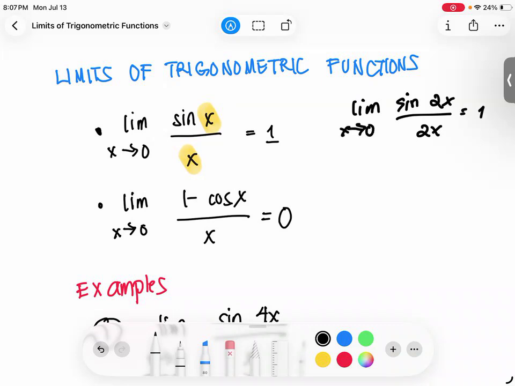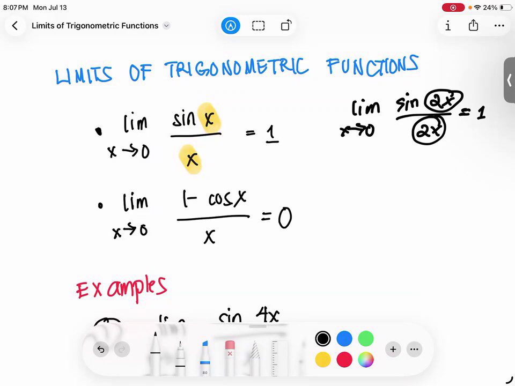As we can see, if we're going to plug in 0 to 2x, it becomes 0. So if the argument of sine and the denominator both go to 0 and they are equal, this limit is equal to 1.